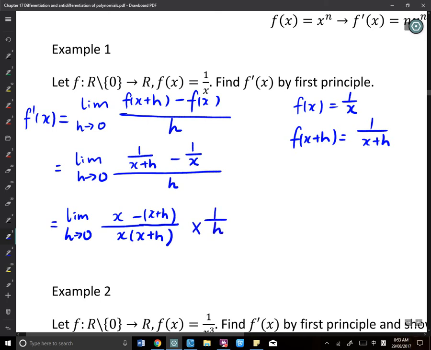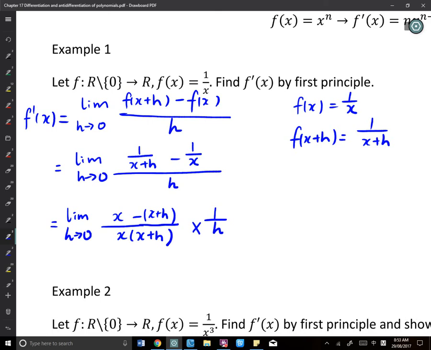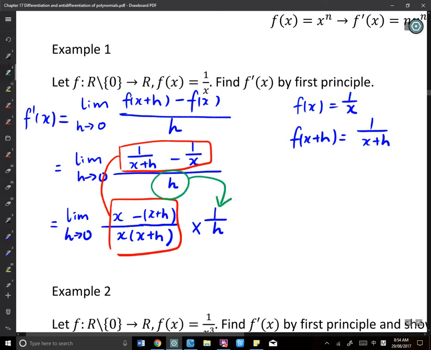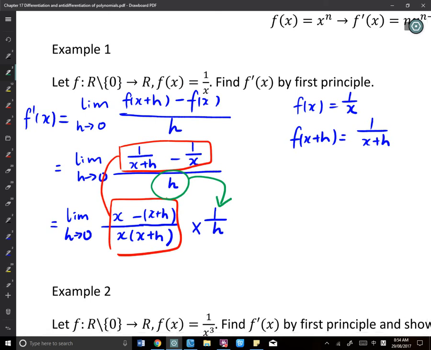So the divide by h at the bottom is just times the 1 on h. That's how I separate it. You can put h still under the denominator, but I just think it's not that good to put fractions over fractions.